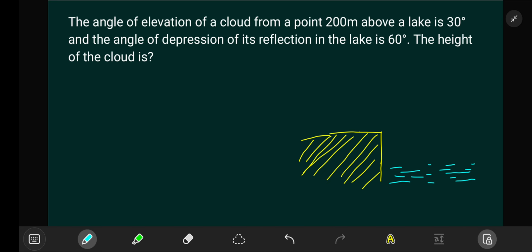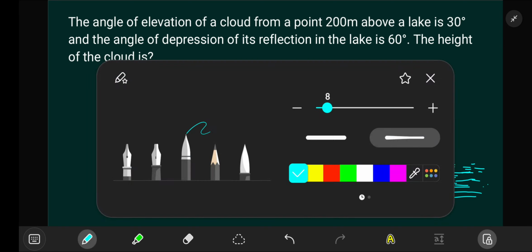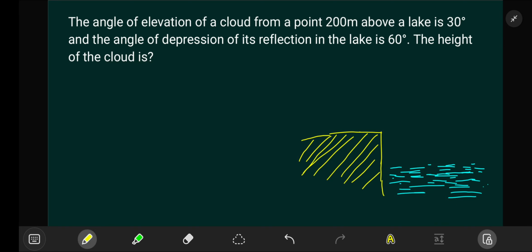The angle of elevation of a cloud from a point above a lake. The lake is here at the bottom. Now what they are saying is, from here to here the height is 200 meters.